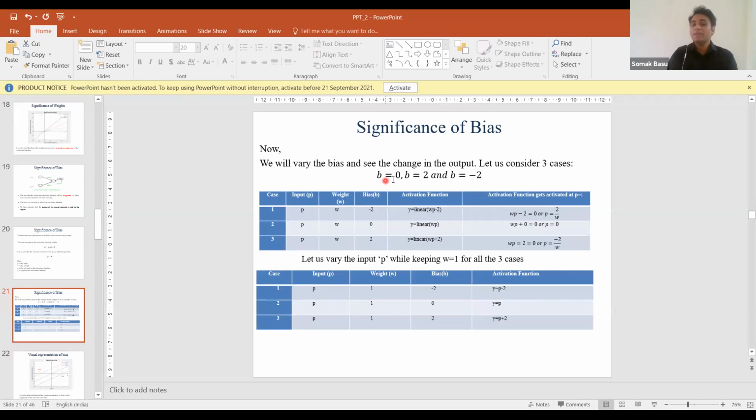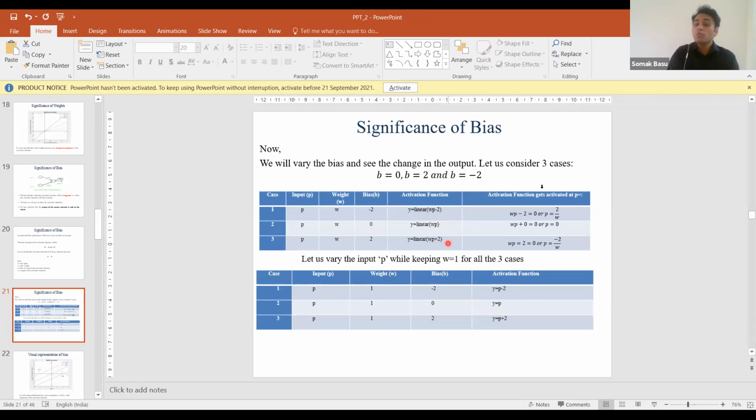Let us say the bias is minus 2 in one case, 0 in the other case, and 2 in the last case. If the activation function is a linear function, what will be the input to the activation function? In the first case, it will be W into P minus 2. In the next case, it will be W into P since the value of bias is 0. And in the third case, it will be W into P plus 2.